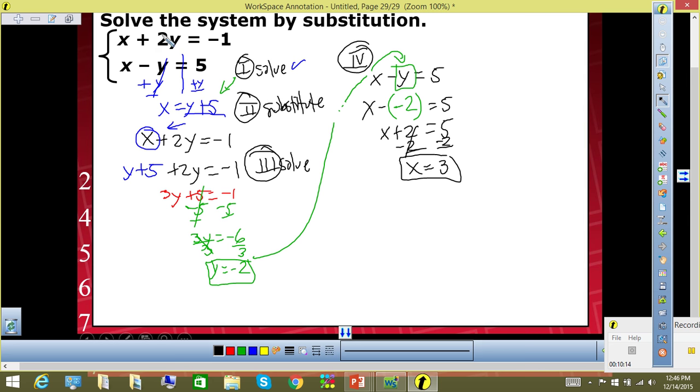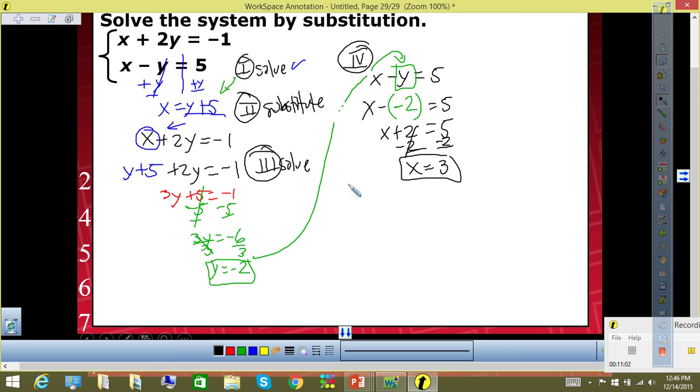Instead of x, we wrote y plus 5. From there, we solve for the remainder, which was y. Step 4, substitute this value into one of the two equations. We decided to go with the second one, and instead of y, we wrote negative 2. Simplify and solve for x. So are we there so far?